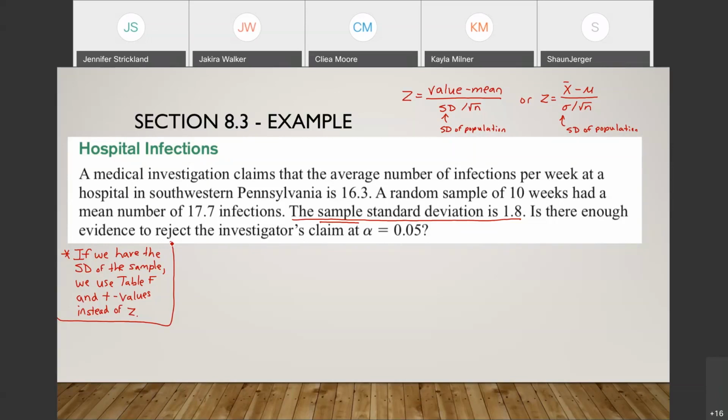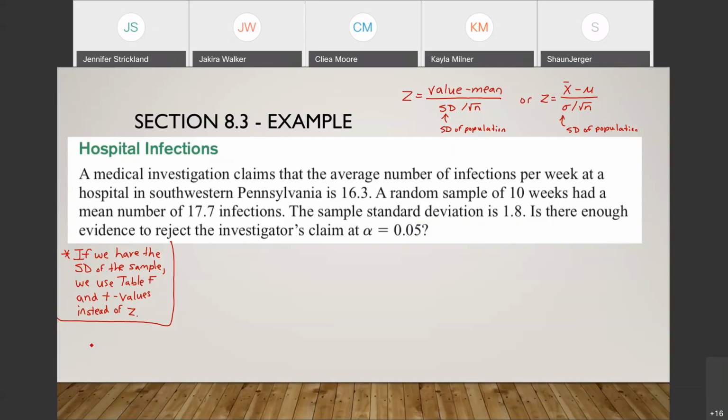All right, so let's go ahead and see if we can start working this problem. So remember that we said that when we write the hypotheses that we are looking for words like greater than, or less than, or increase, or decrease, right? Those are the keywords that we would be looking for.